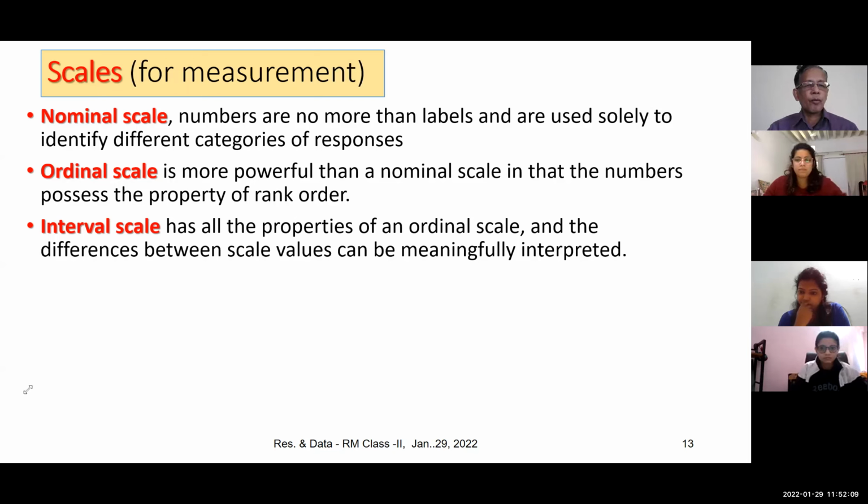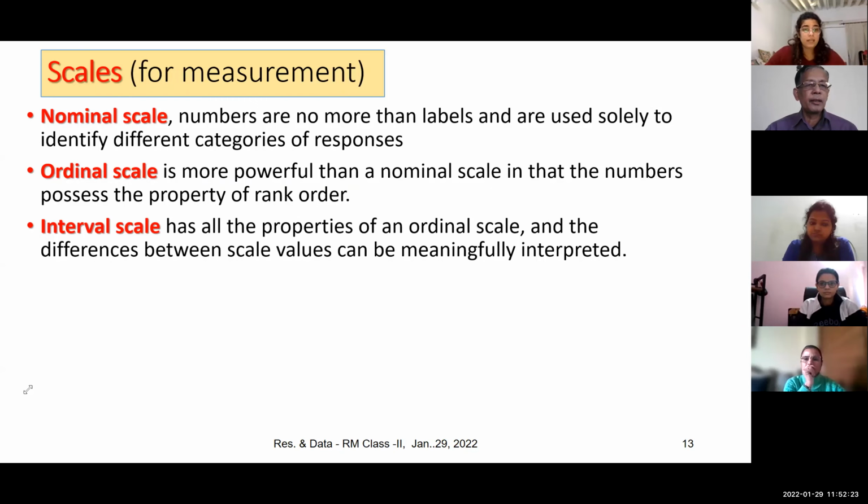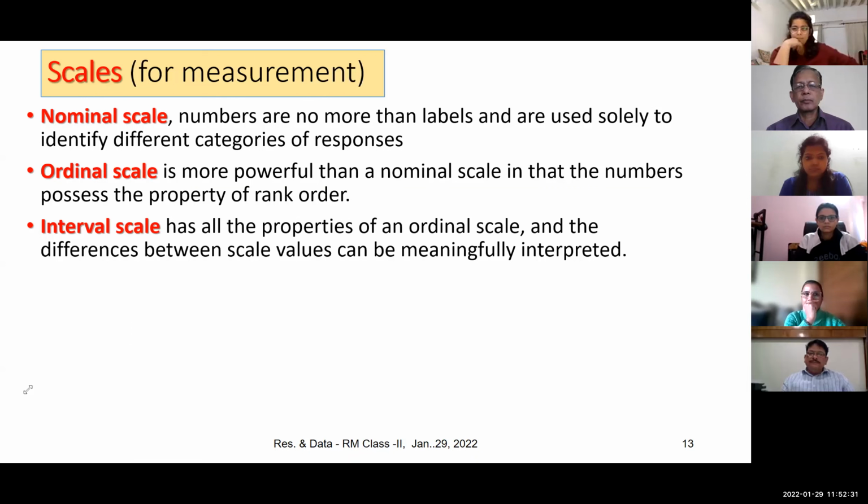Yes, sir. As a ranking of employees. No, not ranking. Employees have a code. He used employee code. Actually, you have to tell me objectively, specifically, why he is telling employee code. Are we using any scale there? So yes, interval.